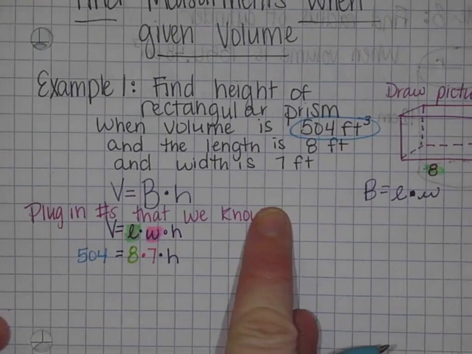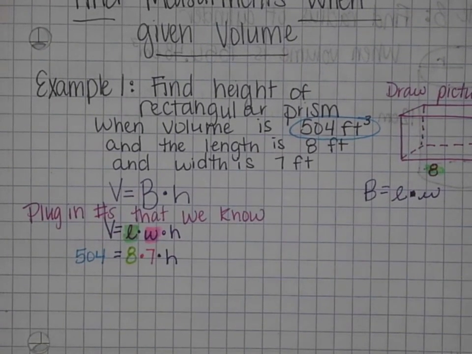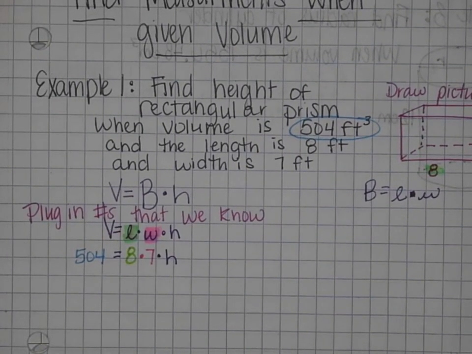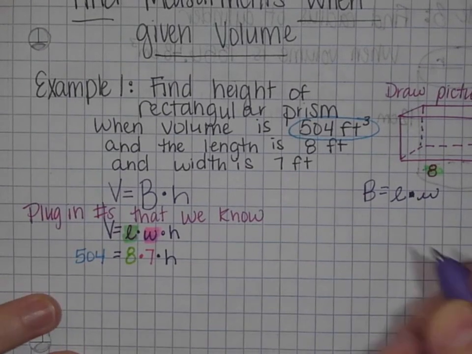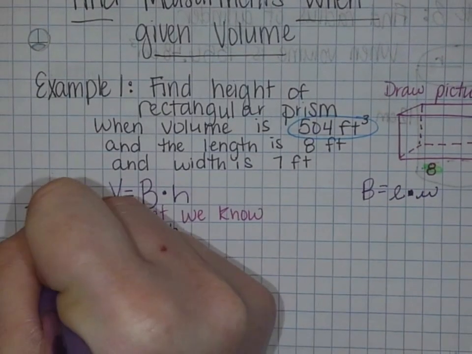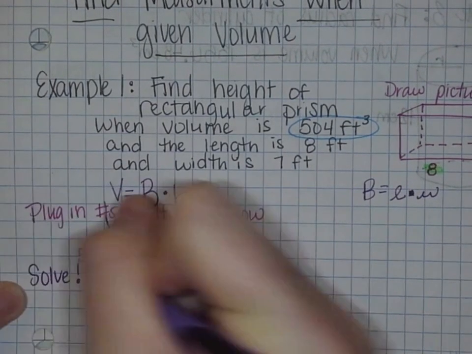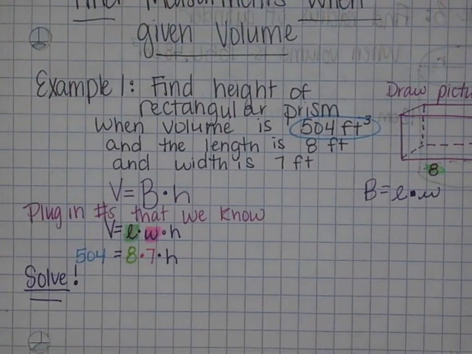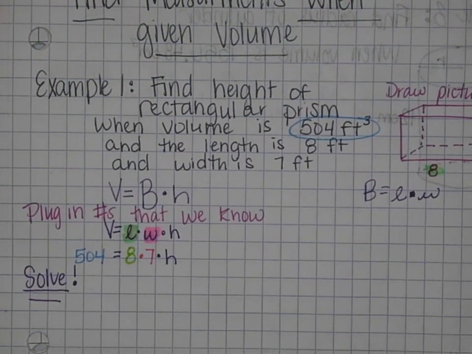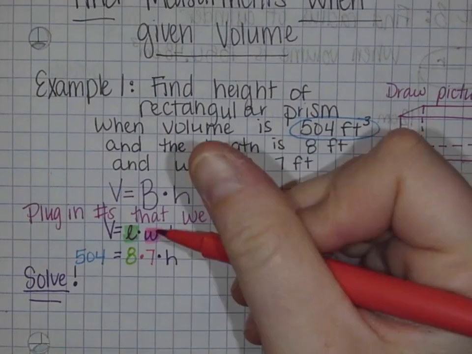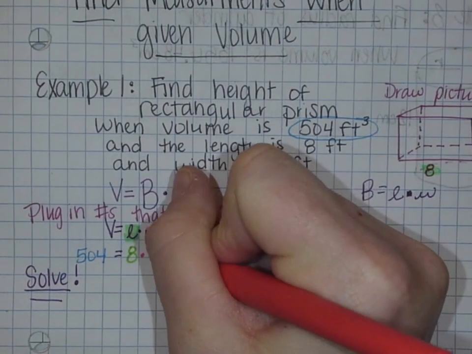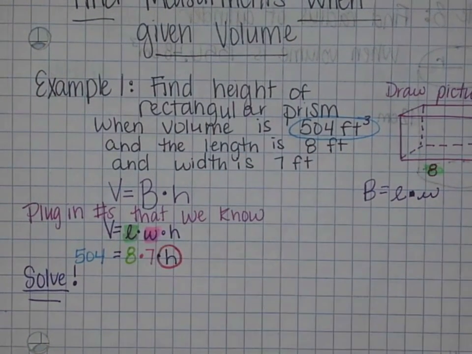So we plugged in the numbers that we knew, and now you're going to solve. So remember, to solve, I like to always circle the variable I'm looking for. So I'm going to circle the h. That's what I'm looking for.